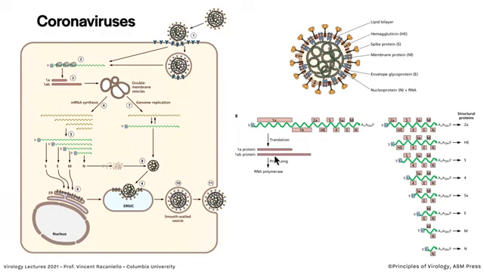These two proteins are chopped up by proteases, and you get all the proteins you need to make RNA, including the RNA polymerase. But to get to the other proteins down here, which include important stuff like the spike and the nucleoprotein and many others, you have to make subgenomic mRNAs. And these are very cool.